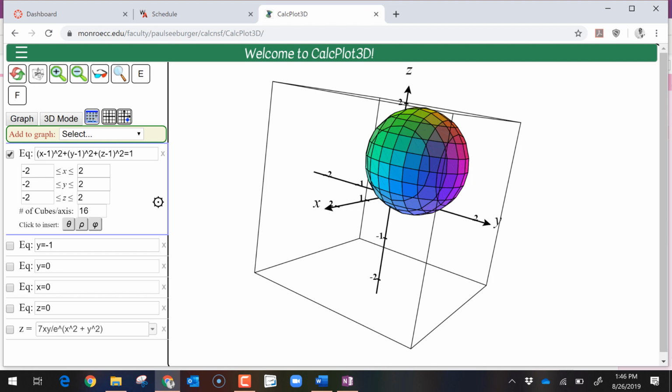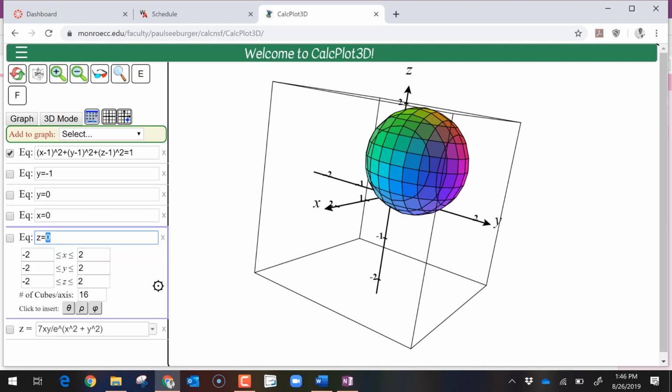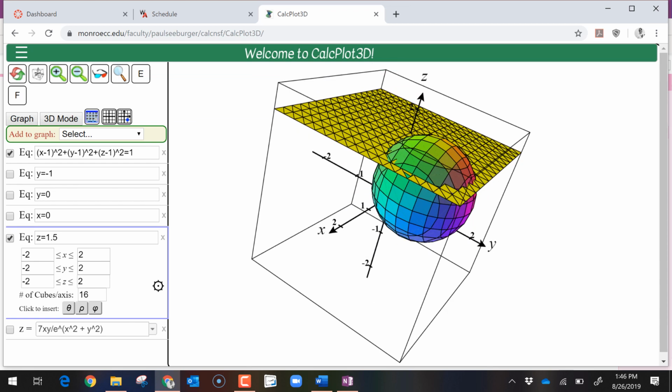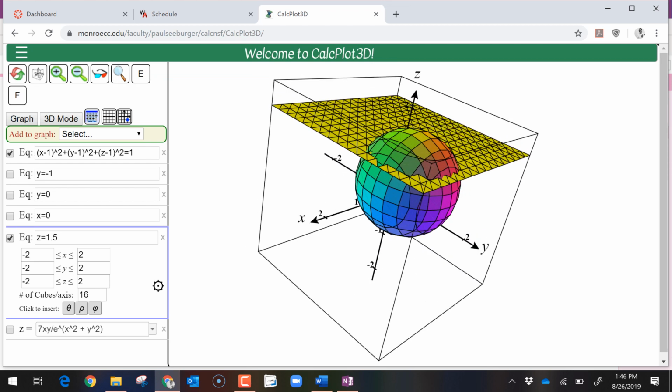All right. Some of the more interesting things we're going to do later on is we're going to look at when a sphere, or any surface, intersects maybe a plane, like what drawing does it come up with, and a variety of other things.